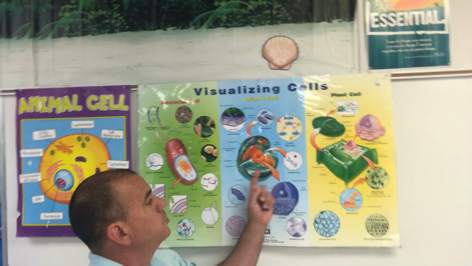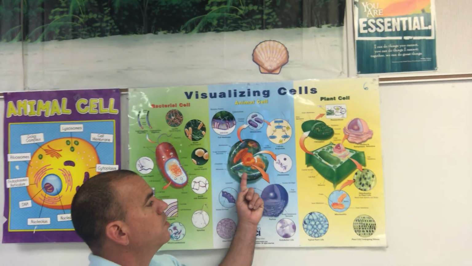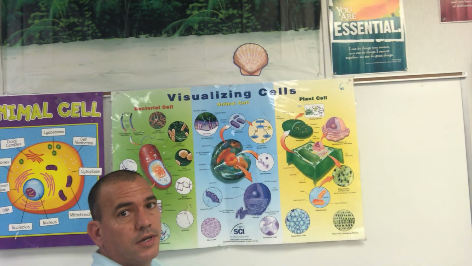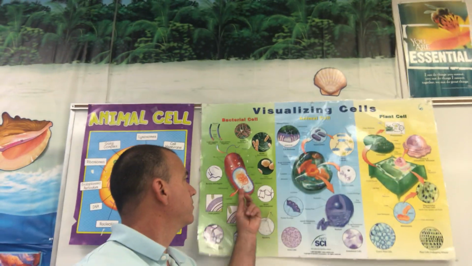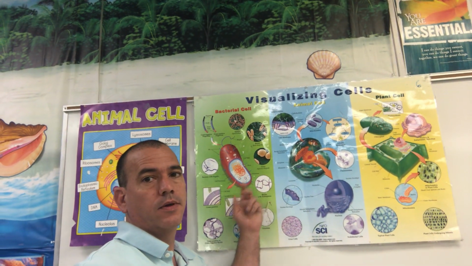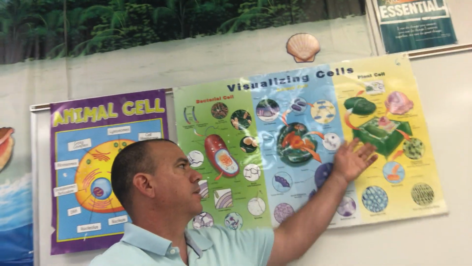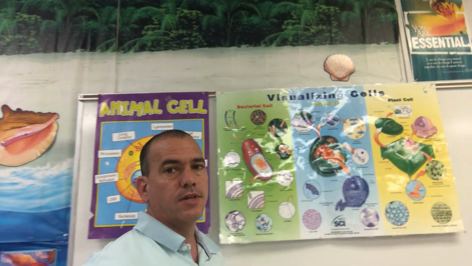Then you have two eukaryotic cells, an animal one and a plant one. Because if it's alive, it's made up of at least one cell, like bacteria, or more, like animal and plant cells. All right, if it's alive, it's made up of at least one cell. Why? Because cells are the basic unit of life.